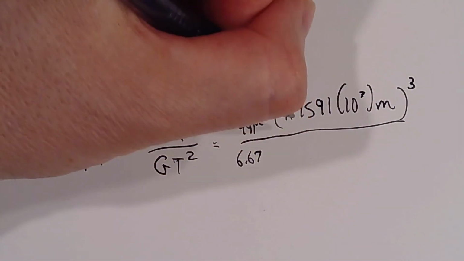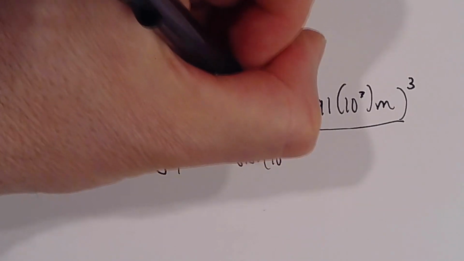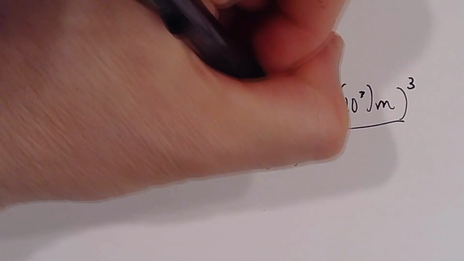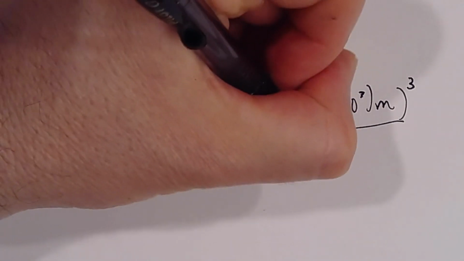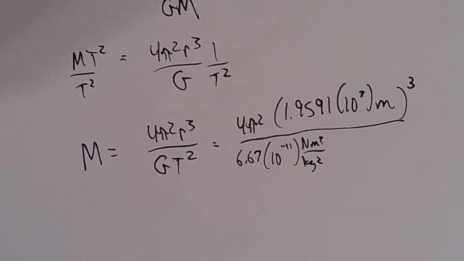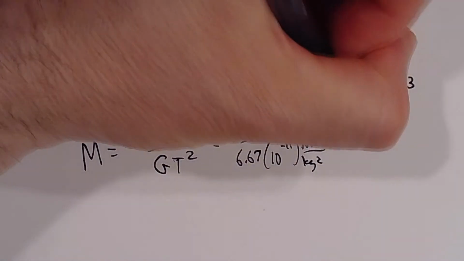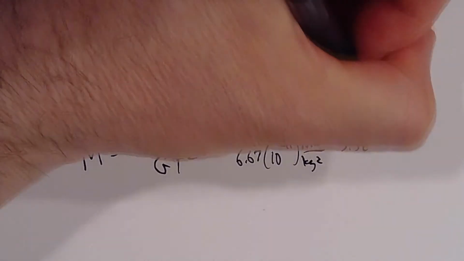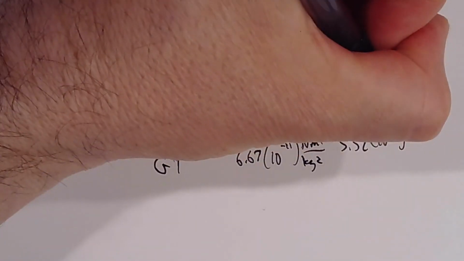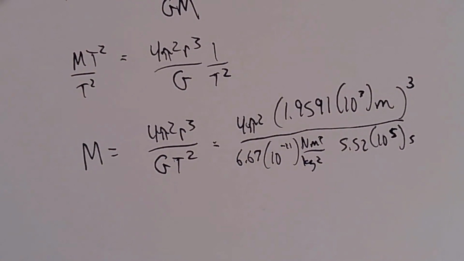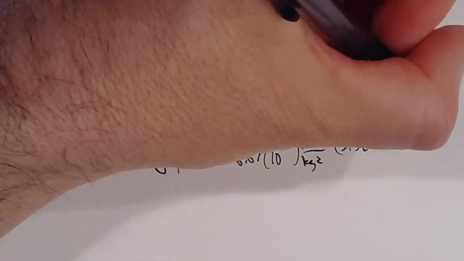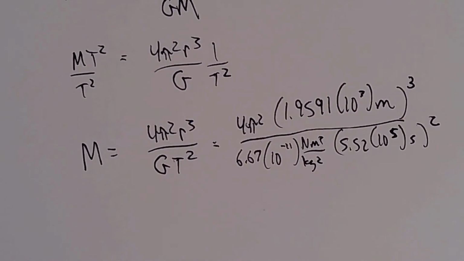Sometimes I want to write 6.61, but I think that's just the negative 11 talking there. Newton meter squared per kilogram squared. And the time, the period, 5.52, 10 to the 5th seconds. And that also gets squared. Okay.